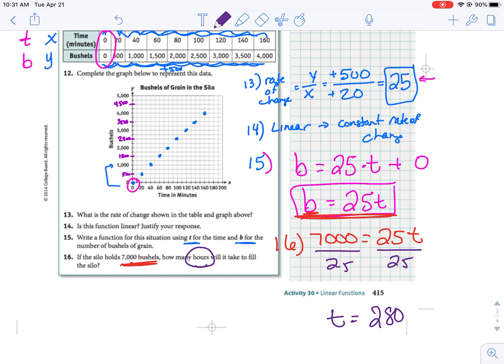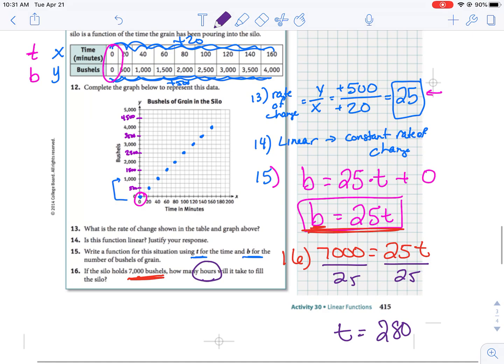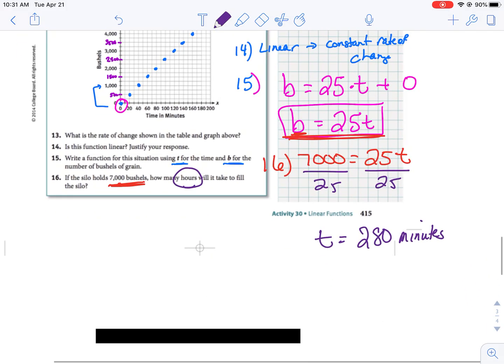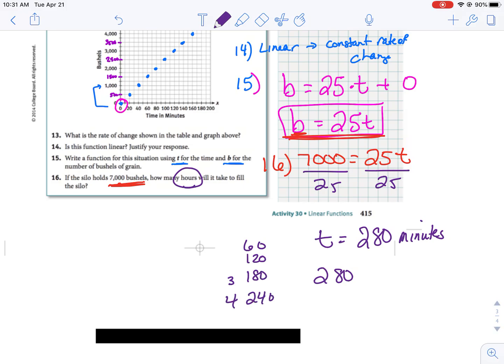And again, it asks us how many hours, but here's a problem because time up here was in minutes. So I know that it's 280 minutes. So all we would have to do is take that 280 and divide by 60. So if we talked about hours, 60 minutes is 1 hour, 120 minutes would be 2 hours, 3 hours would be 180, 4 would be 240.